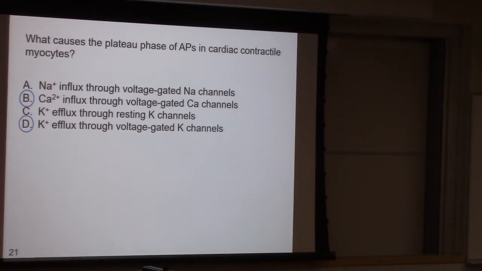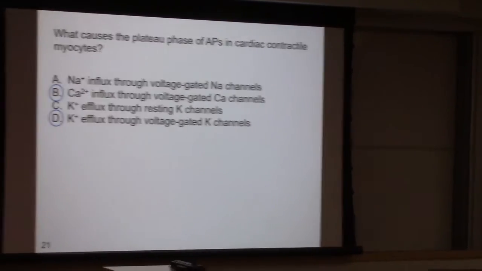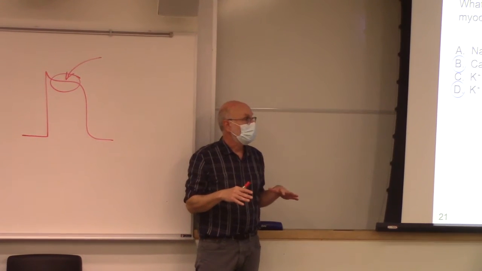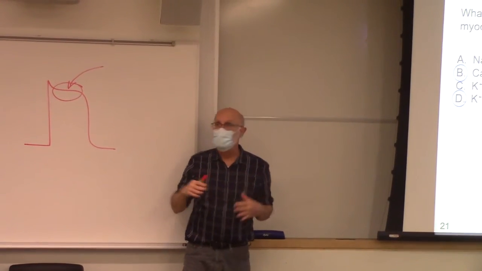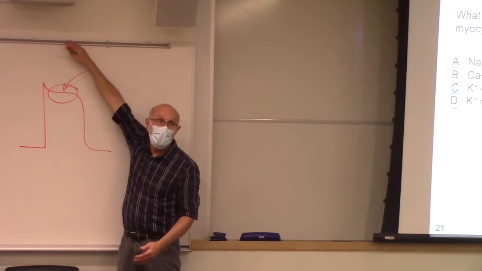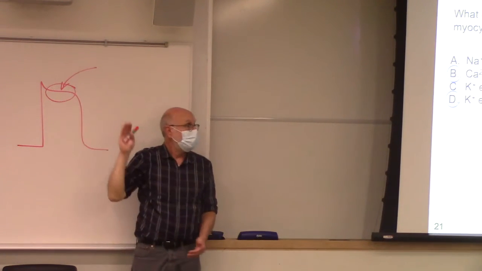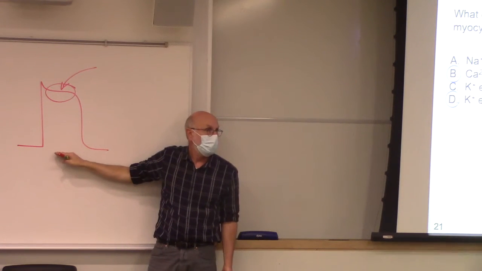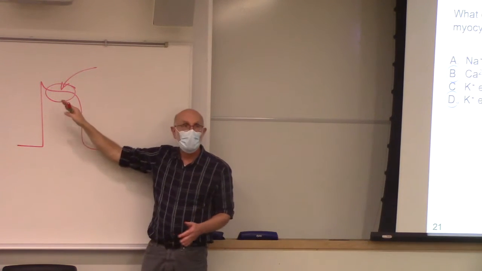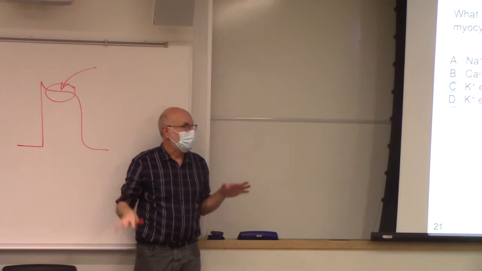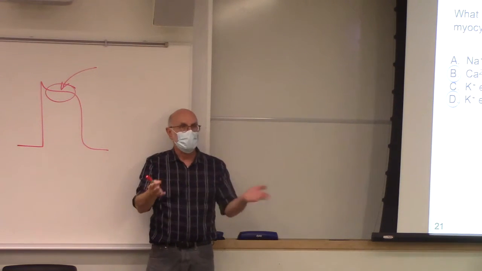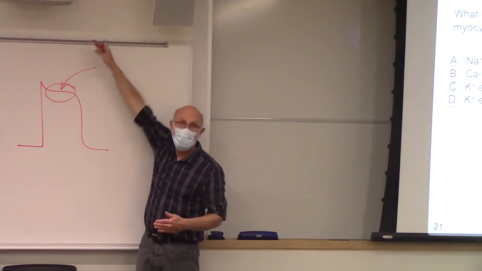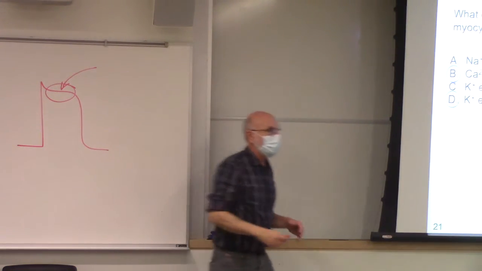And that balancing act keeps the membrane potential at around 0 millivolts. Calcium, acting by itself, would cause the membrane potential to go up higher. Potassium by itself would cause the membrane potential to go back negative. But during the plateau, there is this equivalence of calcium influx and potassium efflux holding the membrane potential in between too high and too low. It's like a Goldilocks situation.